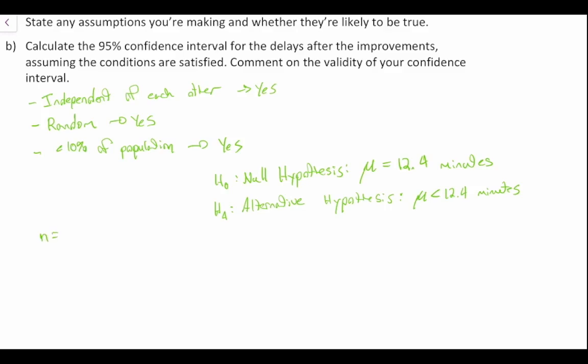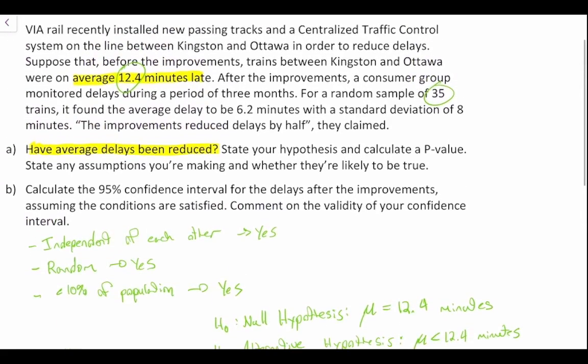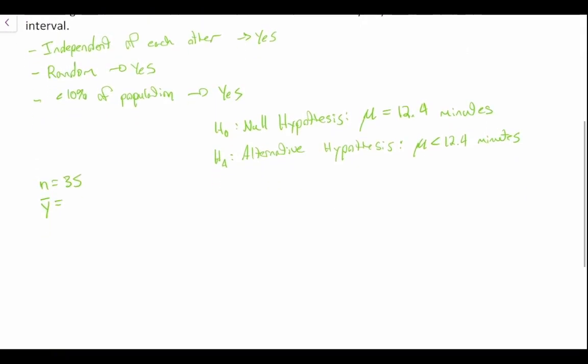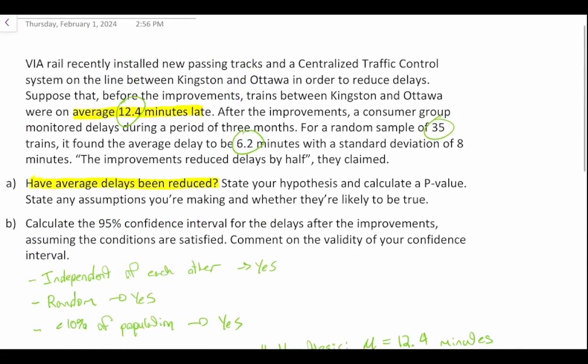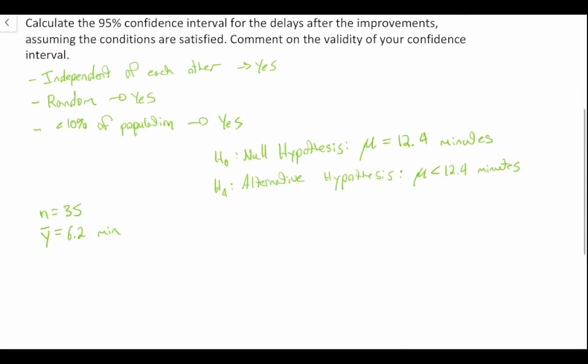Our sample size, n, is equal to 35 trains. We have a sample mean, y bar, of 6.2 minutes, and we're told that we have a standard deviation of 8 minutes.